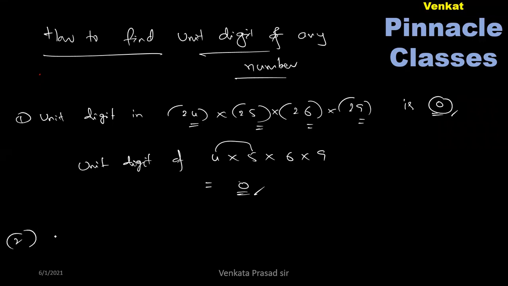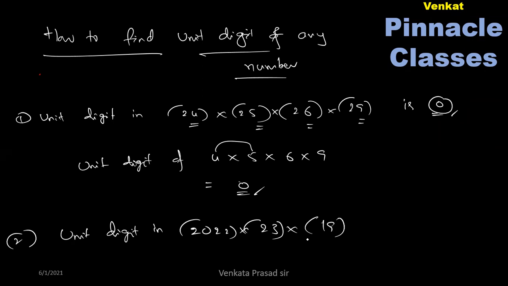Second example, see. Unit digit in 2022 into 23 into 19, suppose. Then what is your answer? So for the unit digit, you have to focus on 2, here 3, here 9.